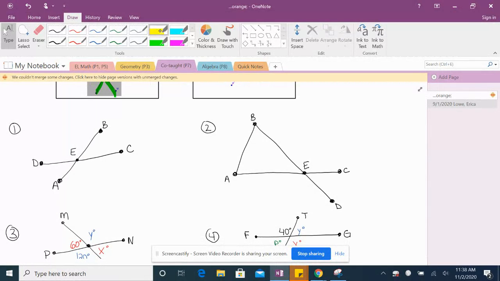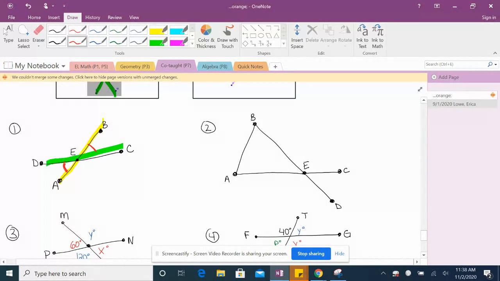Number 1. Do the lines form an X? ¿Las líneas forman una X? Yes. So, this angle is congruent to this angle.